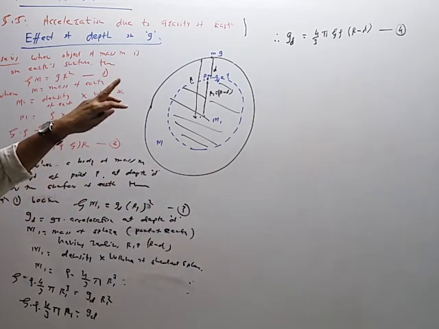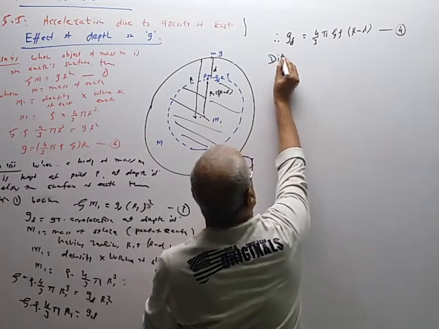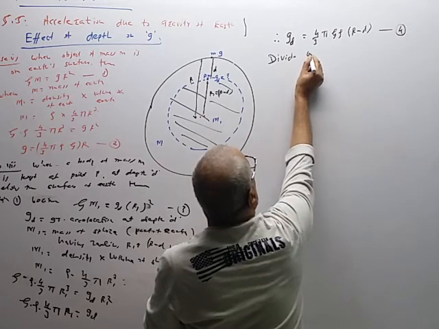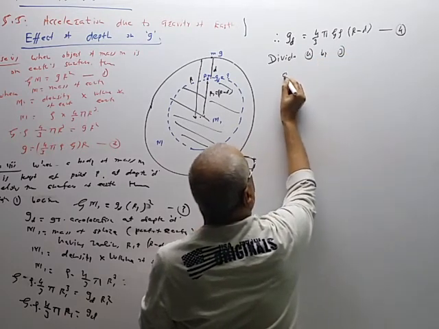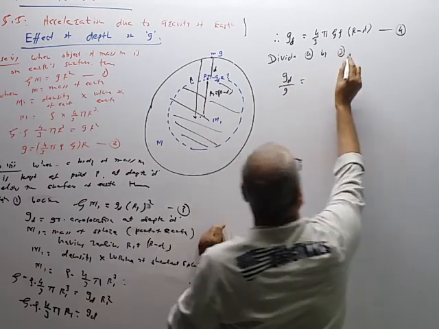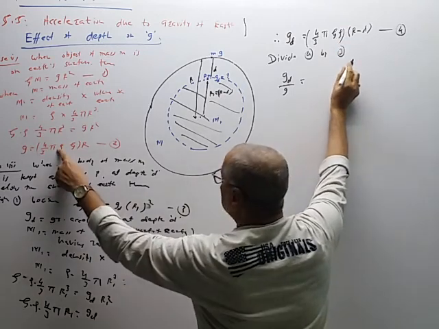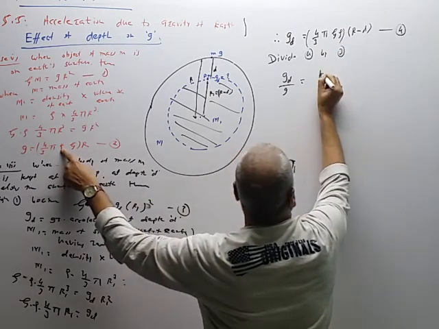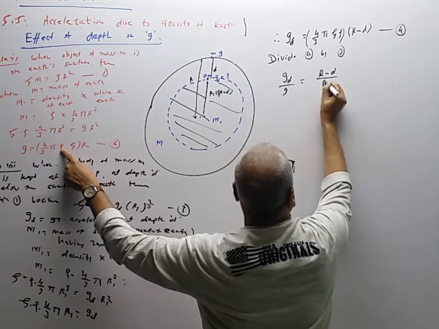So we have to find a relation between gd and g. Divide 4 by 3. So left hand side is gd by g is equal to this 4/3 pi g. This bracket will get cancelled. Therefore, this is r minus d upon r.